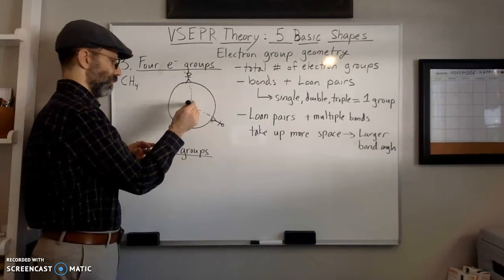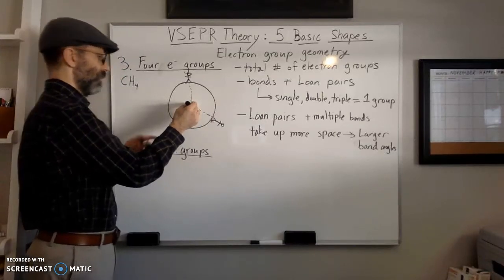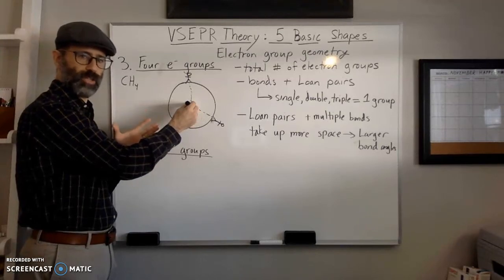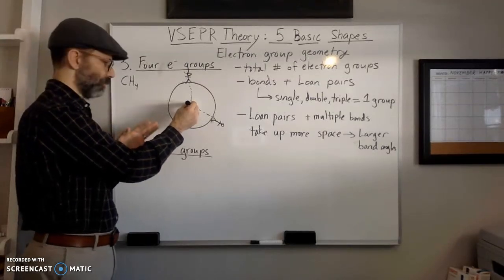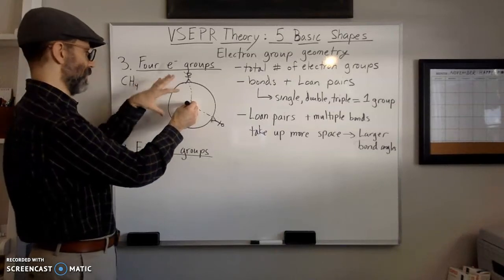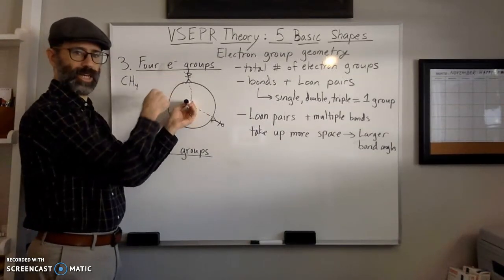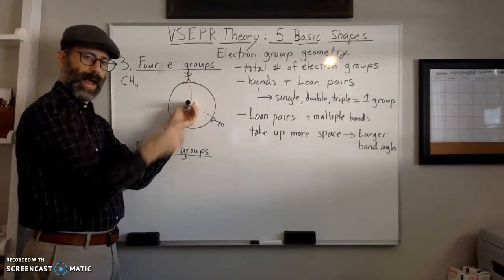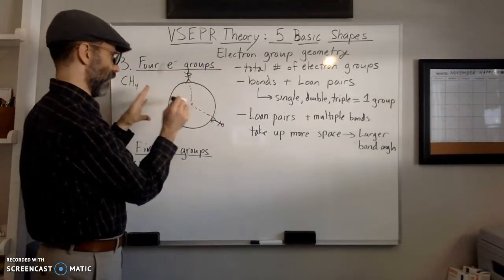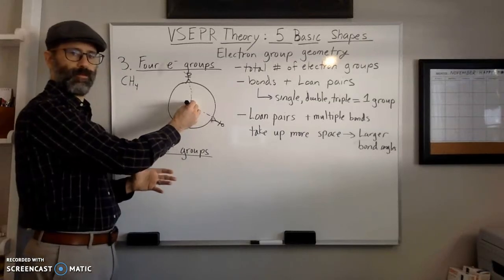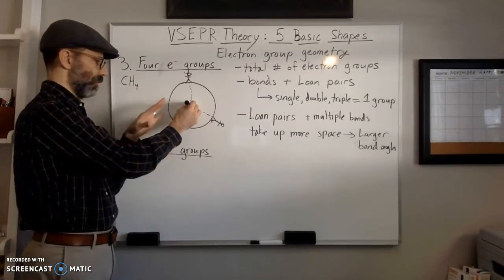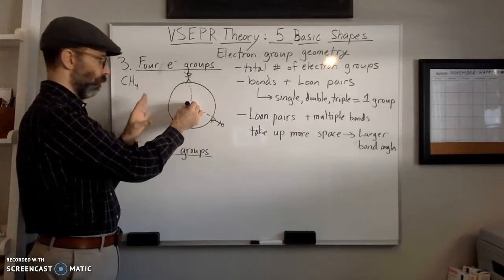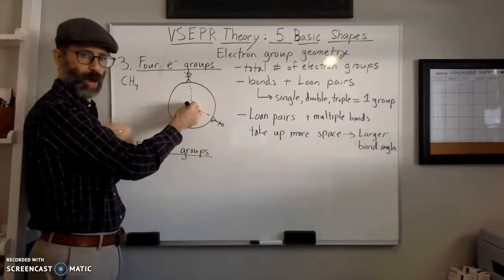So the expectation is that since they don't want to be close to each other, they want to be as far apart as possible. Since they have all this space on the other side of the globe, all 3 of these are going to move towards the bottom. If we're looking down onto the North Pole, then these guys are going to be moving south, or behind the board from our perspective.